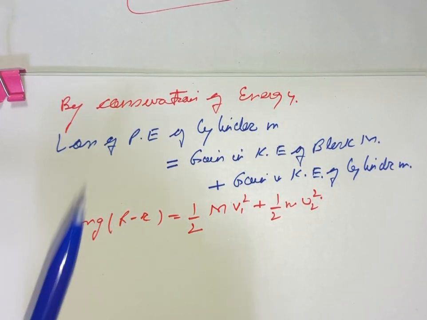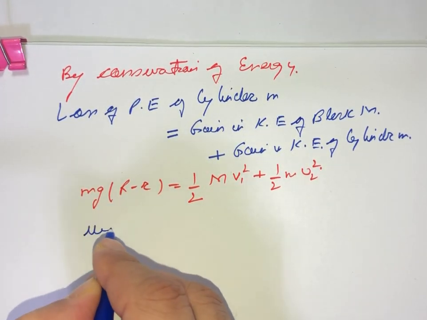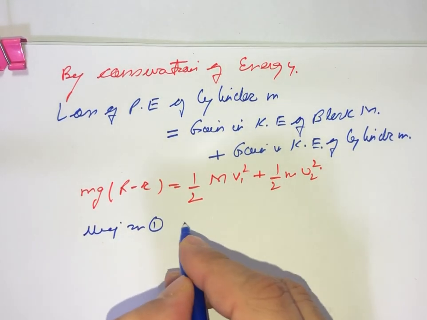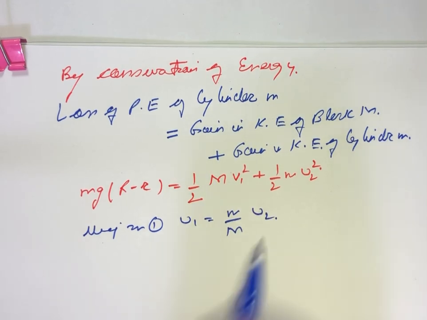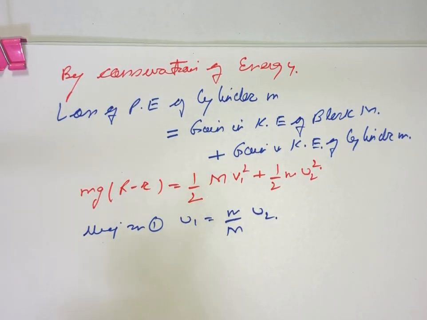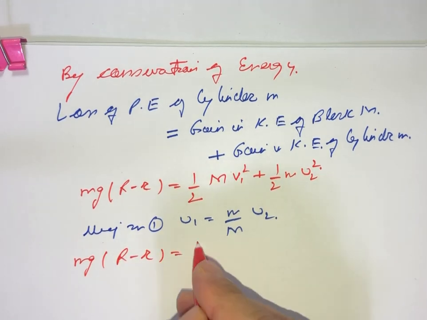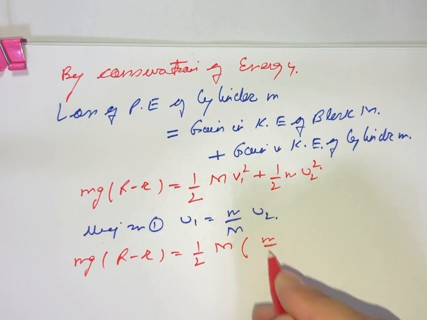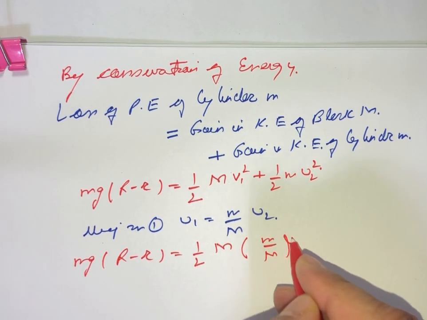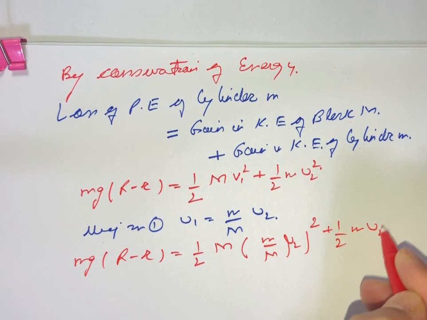We already know the relationship between v1 and v2 from equation 1. So using equation 1, v1 is equal to m divided by capital M multiplied by v2. We can write this as mg(R minus r) is equal to half M times (m divided by capital M times v2) whole square plus half m v2 square.